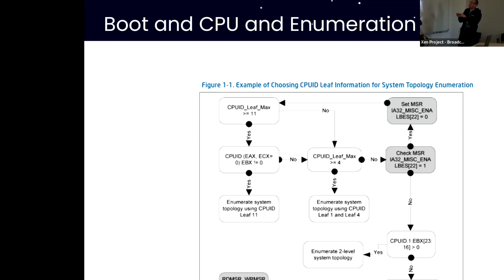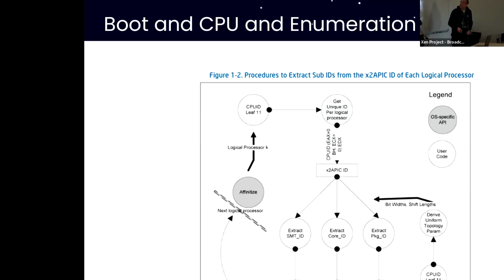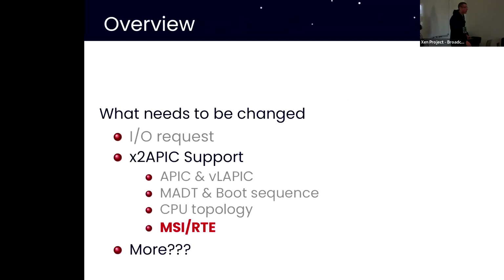And if not, then use this one, CPUID leaf 1, whose return value again only has 8 bits. So we are limited by this ID. And CPUID leaf 11 gives the full x2APIC ID. And this CPU topology code is also currently missing in Xen. So this would need to be added as well.